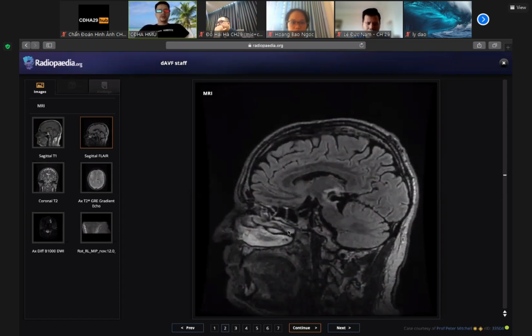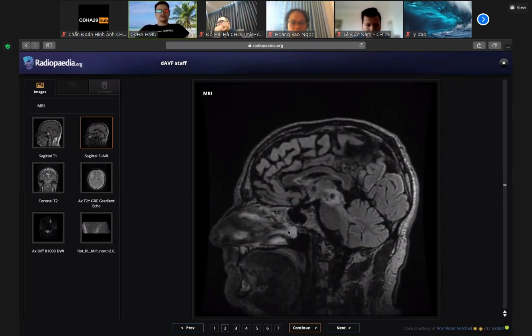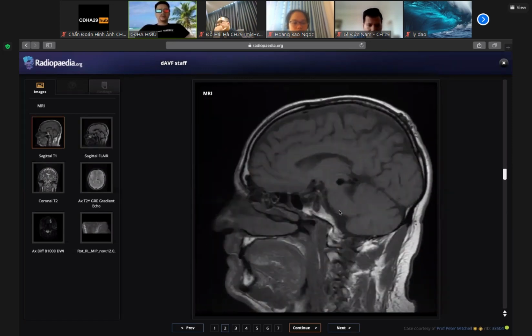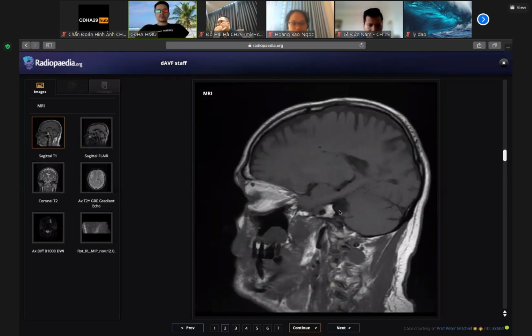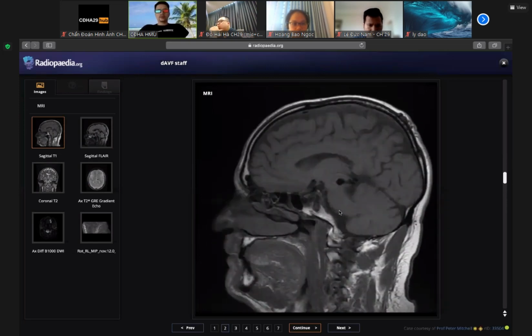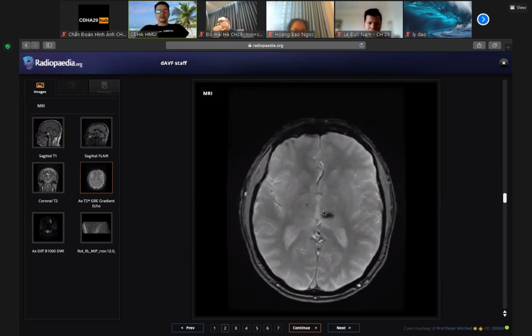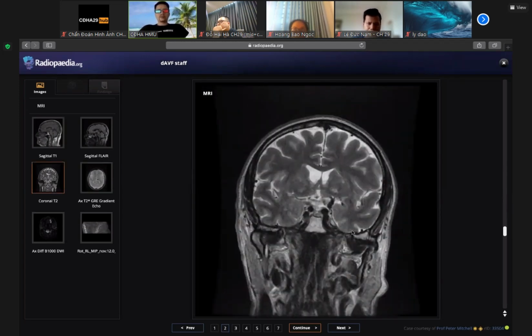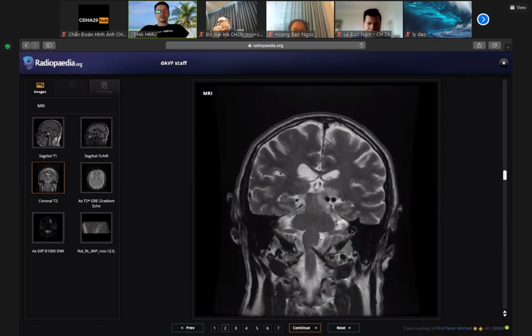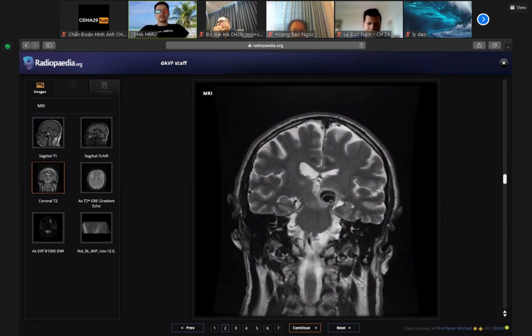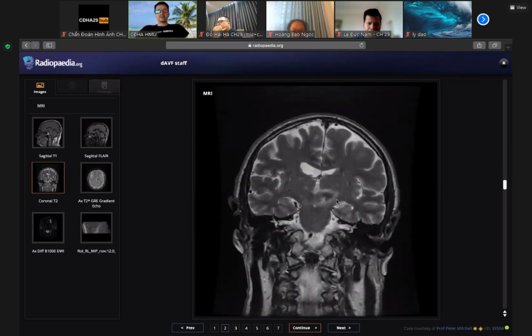In this case, we have a 71-year-old patient, and on the non-contrast sequences we can see a small hemorrhage on the left thalamus, located next to a dilated vessel at the inferior aspect of the hemorrhage.